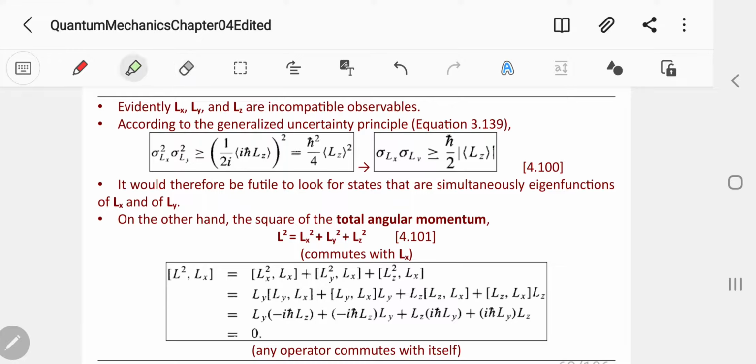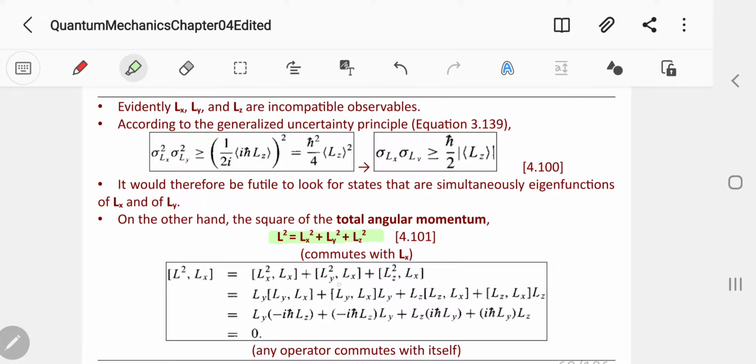On the other hand, you have the total angular momentum, which is given by this. It's the sum of the squares of the components, and that's just equal to L squared. If you get the commutation relation between L squared and Lx, Lx just commutes with itself.